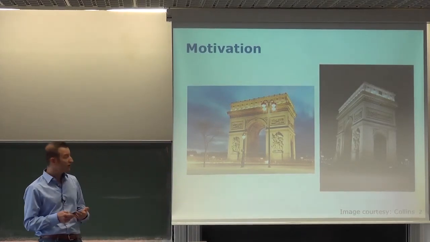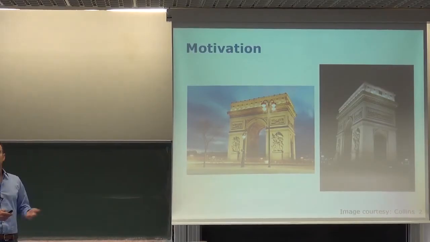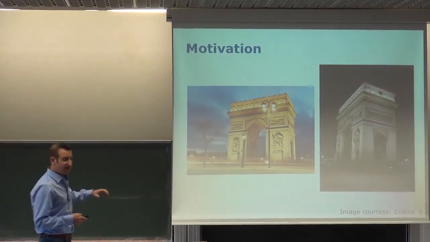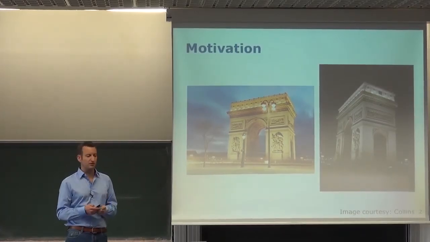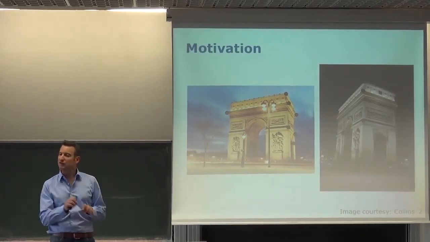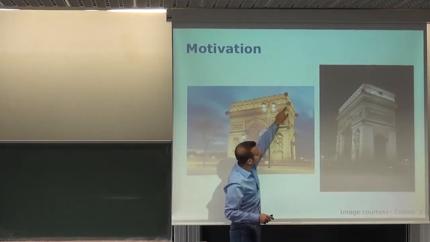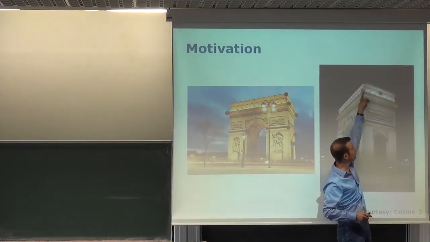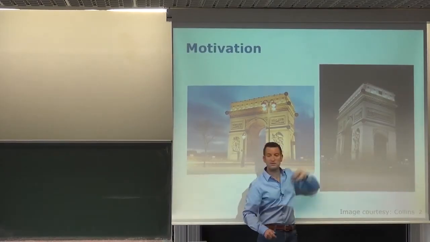So how do we want to do that today? We want to look into estimating the baseline as well as the rotation parameters based on the knowledge of corresponding points. Let's say I manually label them: this point over here corresponds to this point over here, and then this point corresponds to that point.